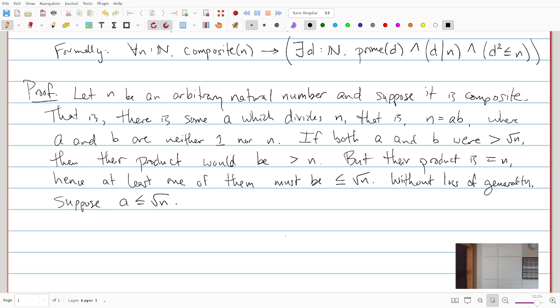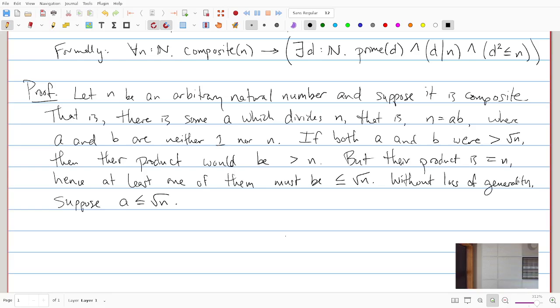Is it prime? Shrug? I don't know. I mean, it might be, but we don't know that. So we can't quite yet say that A satisfies. Okay, so here's the thing. If A is prime, then great, we're done. If A is not prime, then the fundamental theorem of arithmetic says you can decompose A into a product of a bunch of primes.